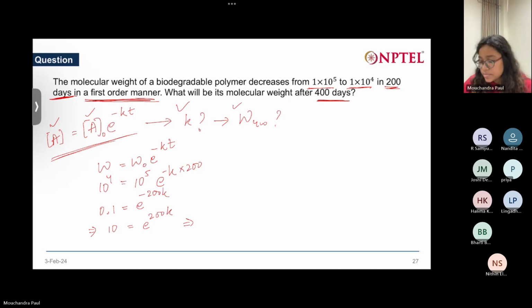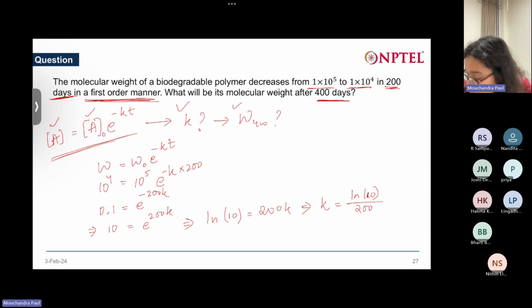Then we will take ln to convert it into linear form. Now K, the rate constant, will become ln of 10 divided by 200.